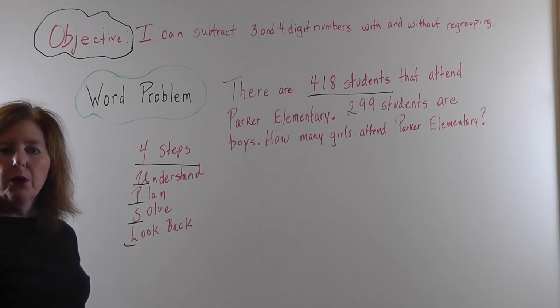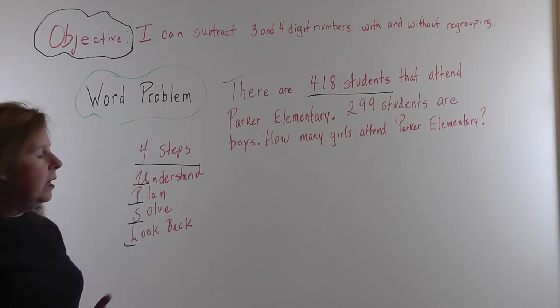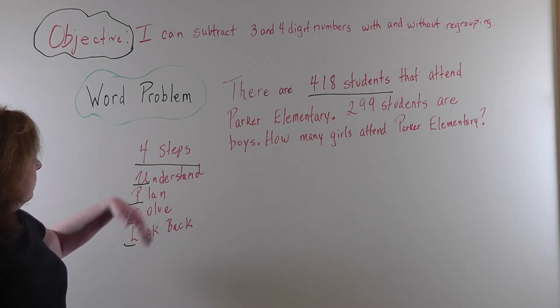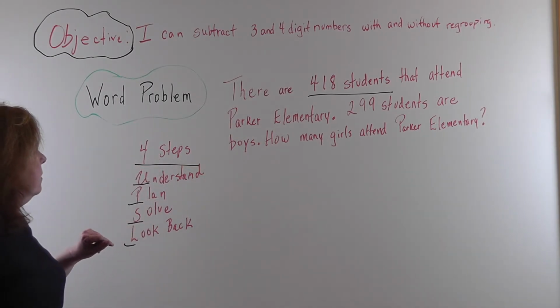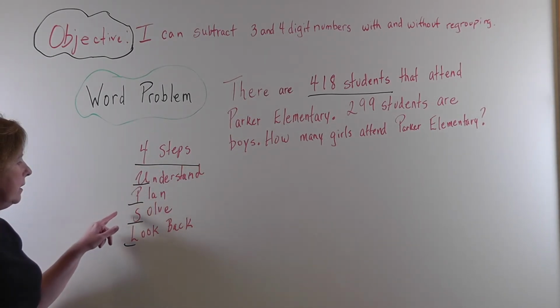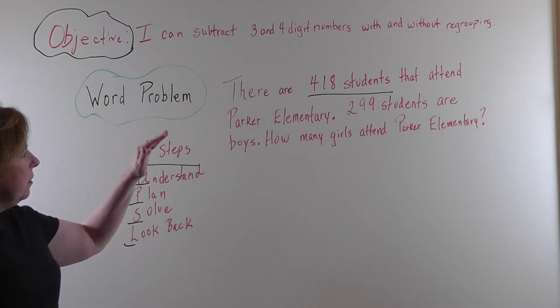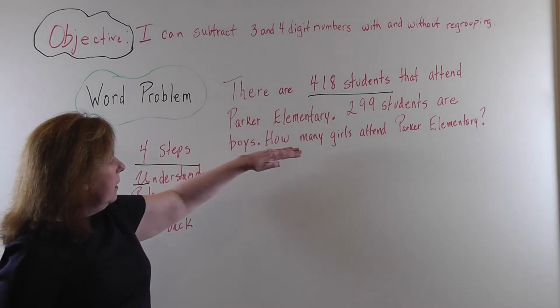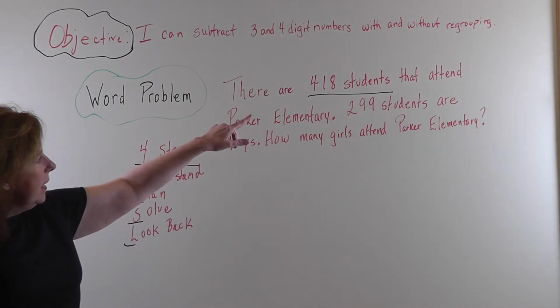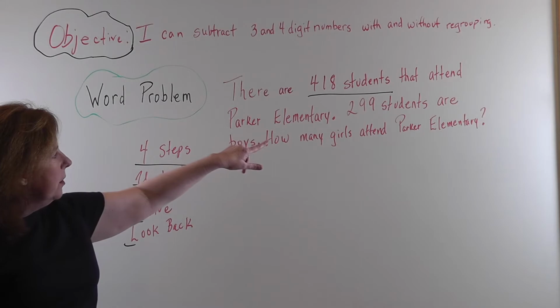Now let's apply what we've learned from subtracting to a word problem. Okay, there are 4 steps in solving a word problem. Understand, plan, solve, look back. Now, understand, you need to know the important information in a word problem. There are 418 students that attend Parker Elementary.